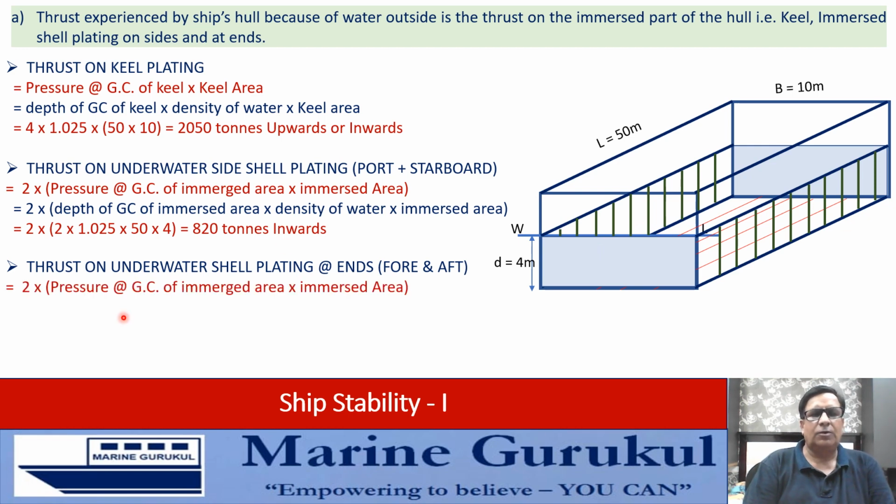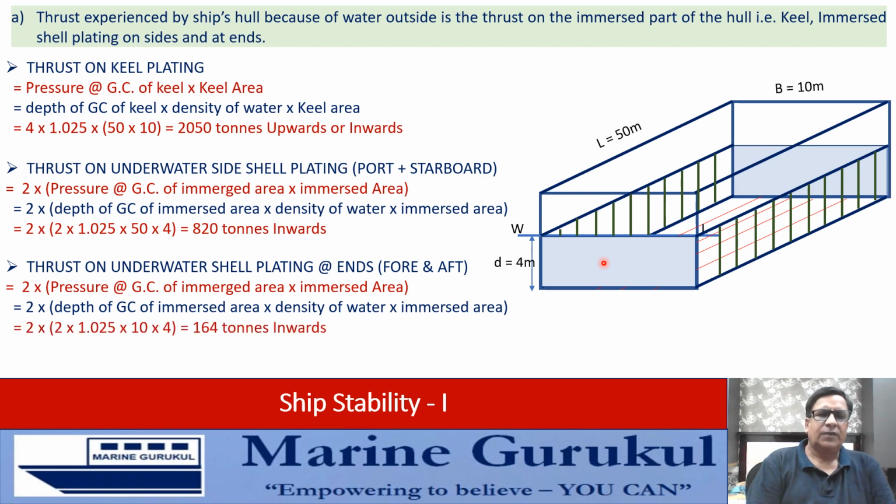So this shall be equal to 2 into pressure at the GC of the immersed area multiplied by immersed area. The GC of this immersed area shall be again at the intersection of diagonals. So it shall be at half the draft from liquid surface. So we put these values and we get the thrust on the two sides accounting for 164 tons again acting inwards.